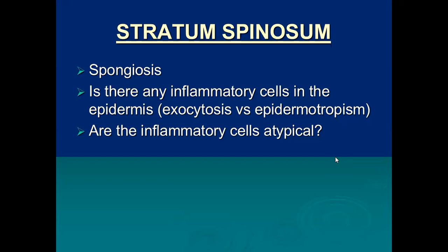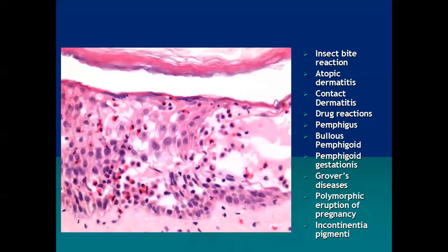In stratum spinosum, in addition to spongiosis, there will be an inflammatory infiltrate. By the presence of this inflammatory infiltrate, we can differentiate among different conditions which are associated with spongiosis. We should also note whether the inflammatory cells present in stratum spinosum are atypical or not.